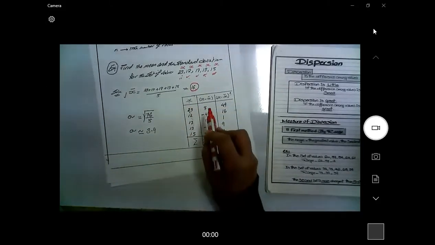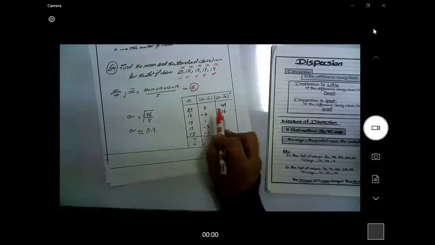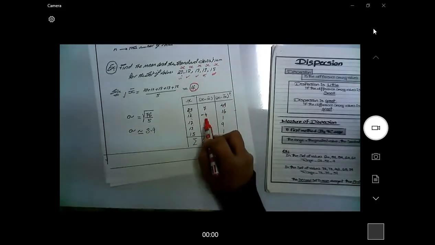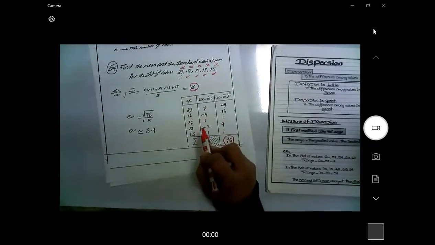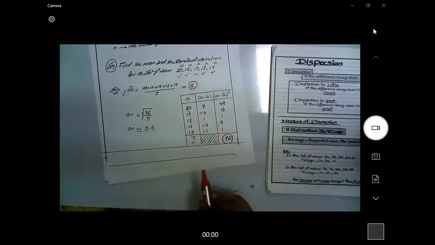Then we start squaring these values. Squaring 7 is 49. Squaring negative 4 is 16. Squaring 1 is 1. Squaring negative 3 is 9. Squaring negative 1 is 1.